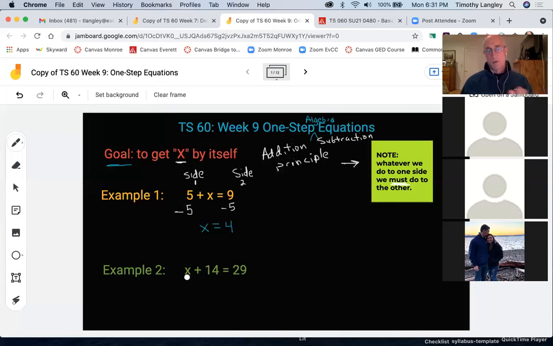Look at the number 2 here, x plus 14. What's the opposite of plus? Minus. So you do the opposite, if you want to write this down, to do the opposite to get x by itself, okay?